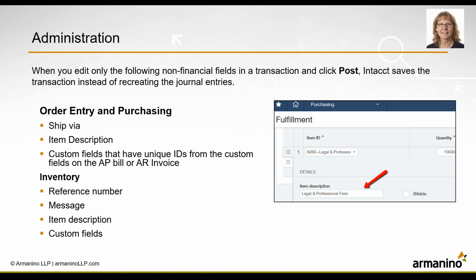It's not reposting it because those are things that are not in the journal entry itself. Inventory, reference number, message, item description, custom fields. So again, they're continuing to allow more flexibility in that it's not necessarily always posting the full transaction.